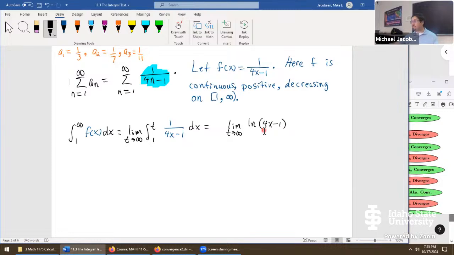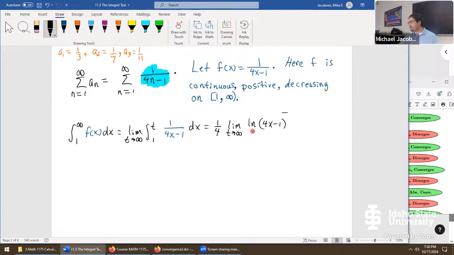Absolute values aren't important because t is going off to infinity, so this is always positive. Another thing is, this is not the right antiderivative. There's really a chain rule in here. You differentiate all of this, you get 4 above divided by 4x minus 1. So we counteract with that 4 and just throw in a 1/4 right in front. That avoids the need to do a u substitution on this kind of problem.